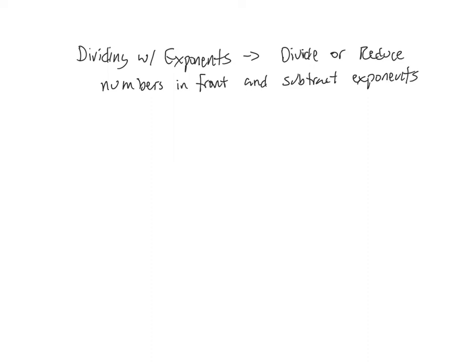So, and not all of them will have a number in the front, but if you had, x to the 5th over x squared, you're just going to do 5 minus 2 is 3.